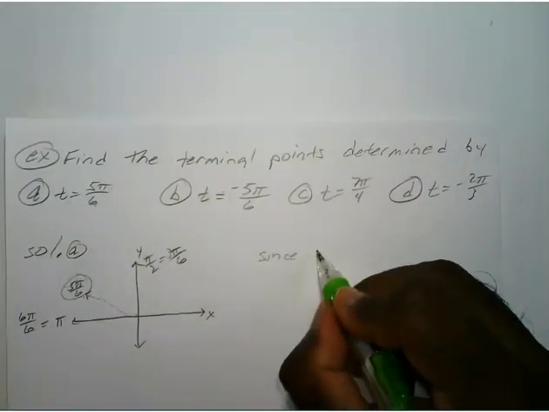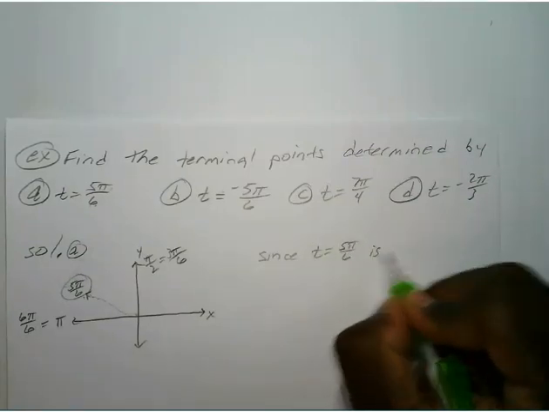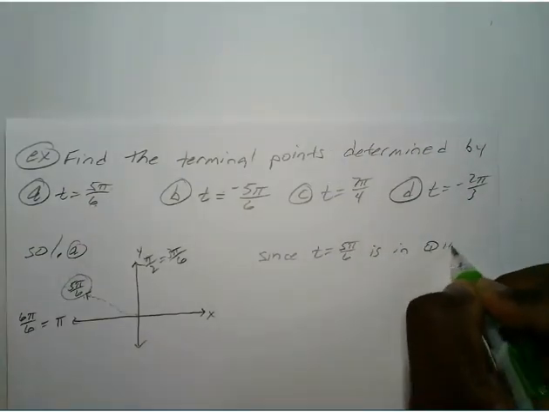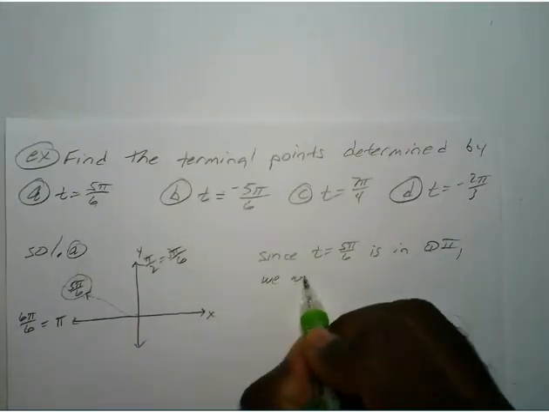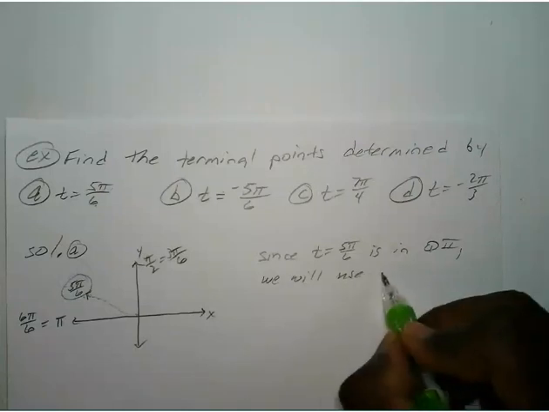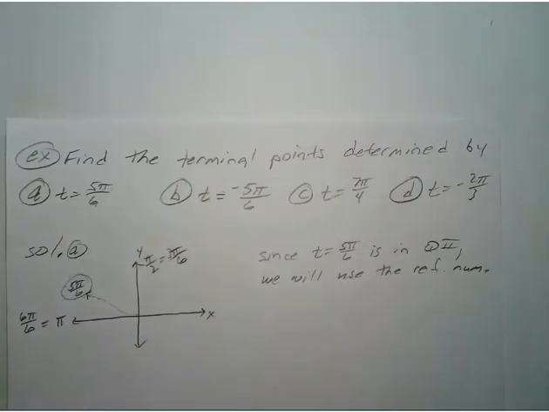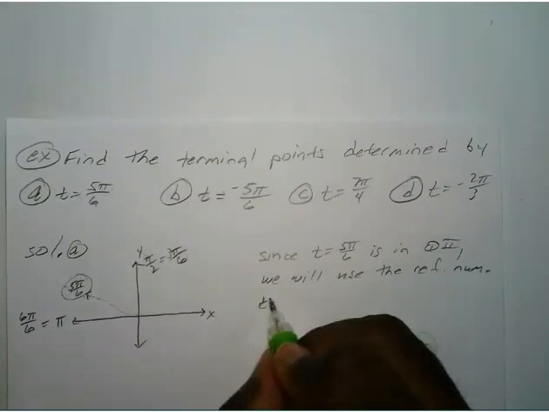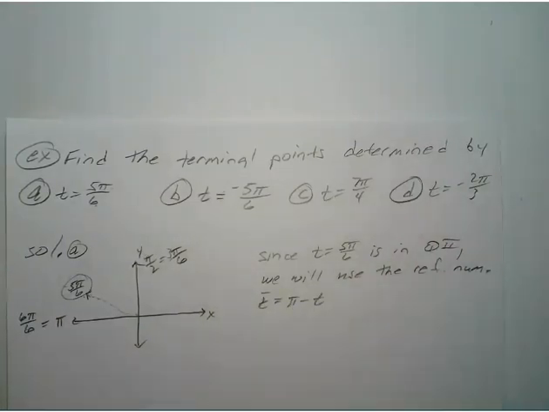So since t equals 5π over 6 is in quadrant 2, we will use the reference number formula. t bar is equal to π minus t.